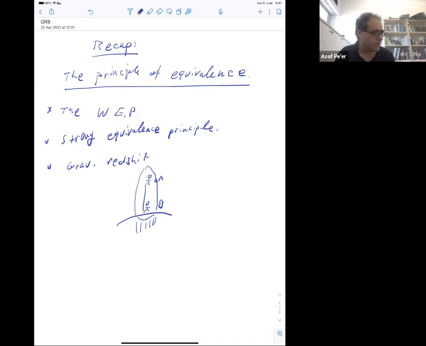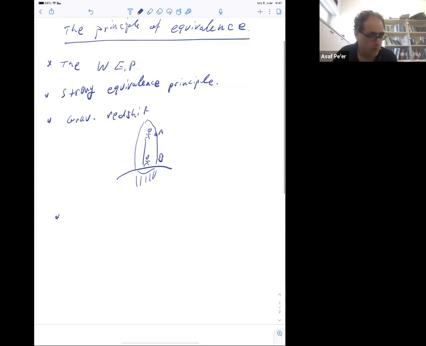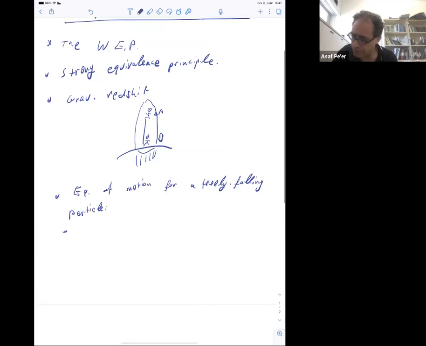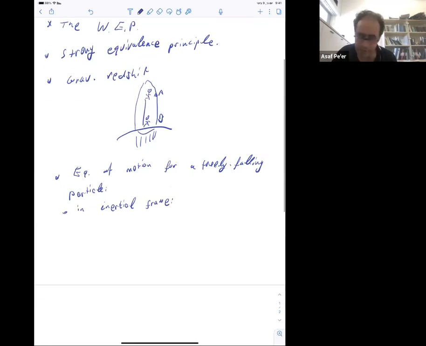And I said that when we speak about a freely falling particle, then in a freely falling coordinate system, the equation of motion for a freely falling particle, as seen in the inertial frame, is simply d squared ξ^α over dτ squared equals 0.